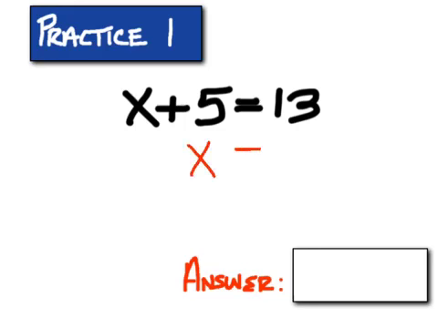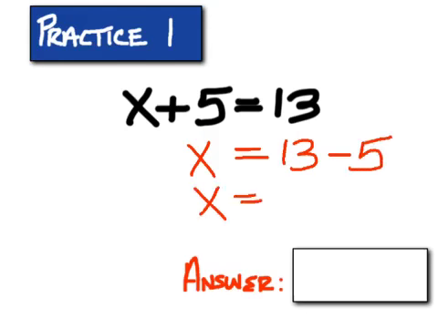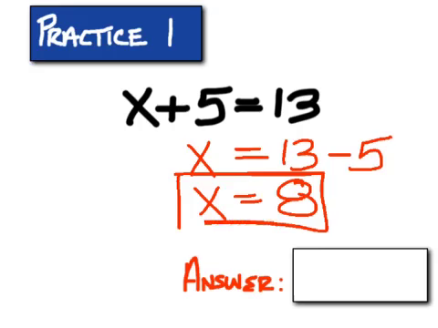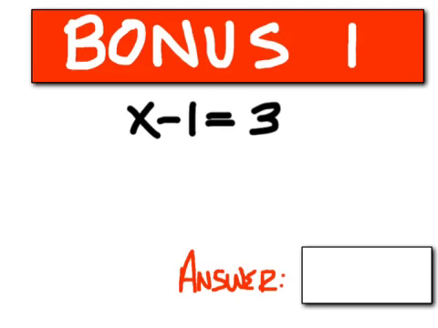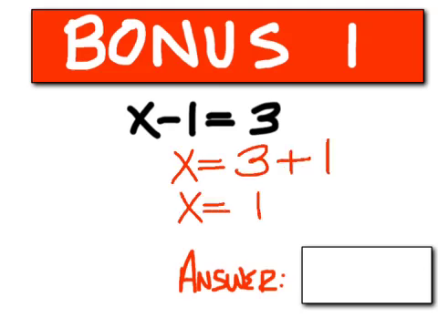On the practice problem, x equals 13 minus 5. That's an answer of 8. The solution on the bonus is x equals 3 plus 1, which is a final answer of 4.